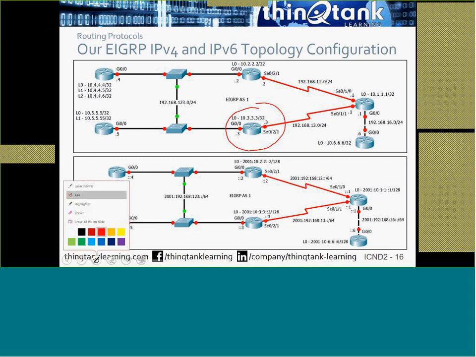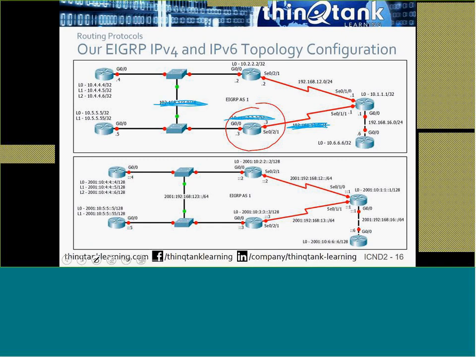Remember, the purpose of a dynamic routing protocol is to learn about everything that I'm not connected to. I am connected to this network, so that doesn't matter. I'm connected to this network, so that doesn't matter. And I'm connected to this network. Remember, that network is the whole LAN.